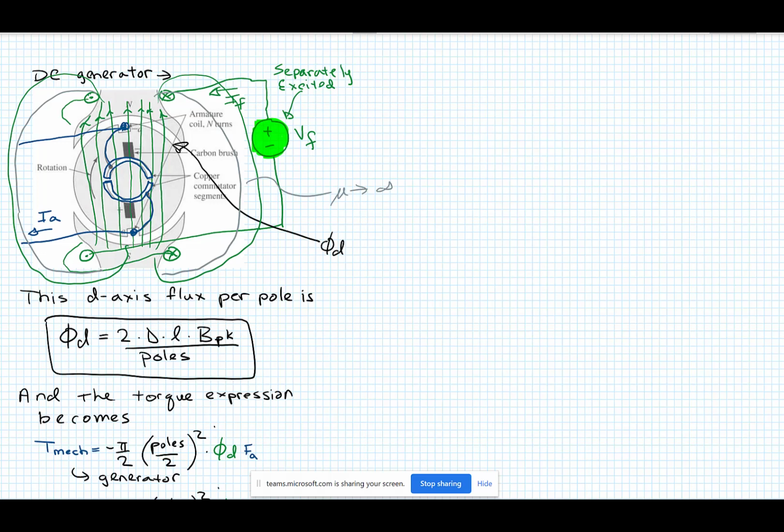There's a separate excitation, which means you could have a separate power supply that supplies the field, or you could derive this voltage from, let's say this was a motor. You're going to apply a voltage to the motor, and you're going to put part of the current coming from that supply into the armature and part of it into the field.